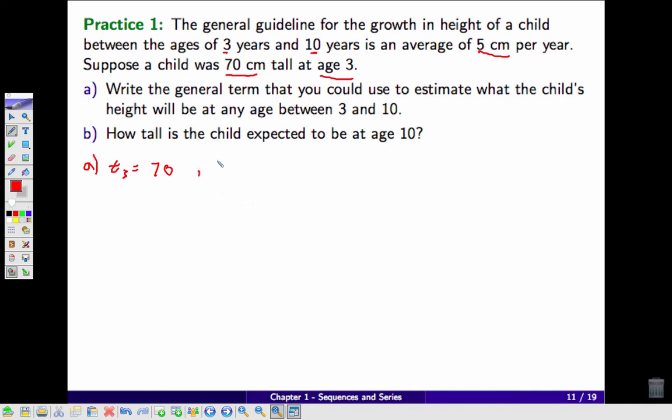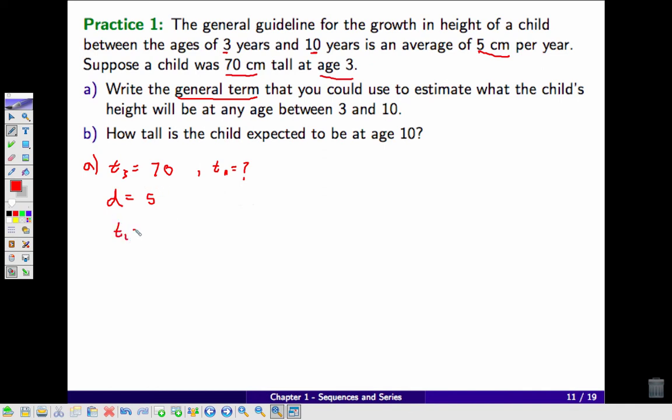We're interested in knowing what Tn is because it wants the general term, right? The general term, that's Tn. So if T3 is 70, we're also given D. D here is 5 centimeters because each child grows roughly 5 centimeters per year in height. That's what it's saying.